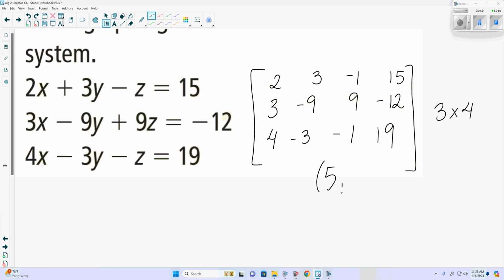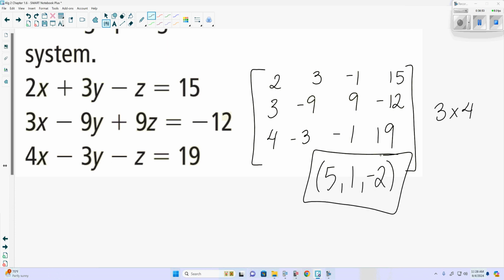So the solution is 5, 1, -2. Do we need to see another one of these? Okay. Now, before we wrap up, the rest of them are just doing that there.